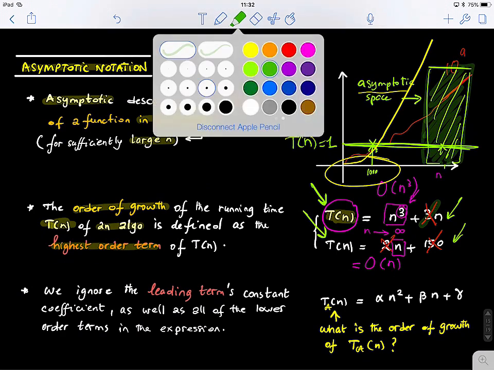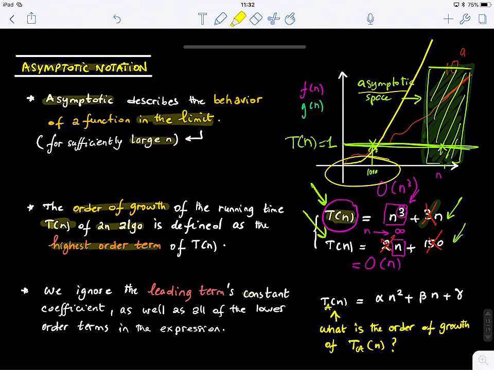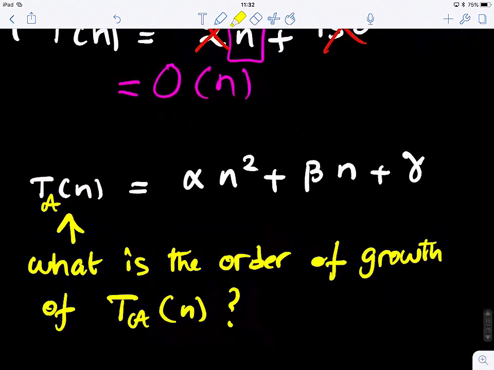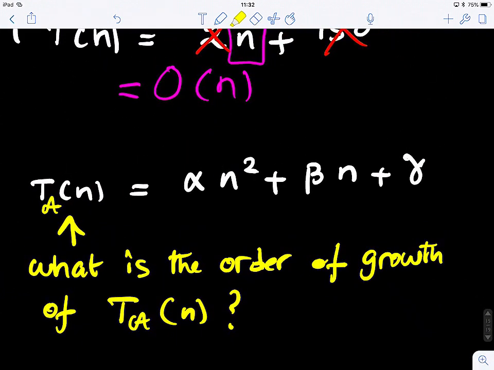So we ignore the leading terms' constant coefficient because these are not important, and also the lower order terms. For example, what is the highest order of n we have in this function T of n? N squared, okay?